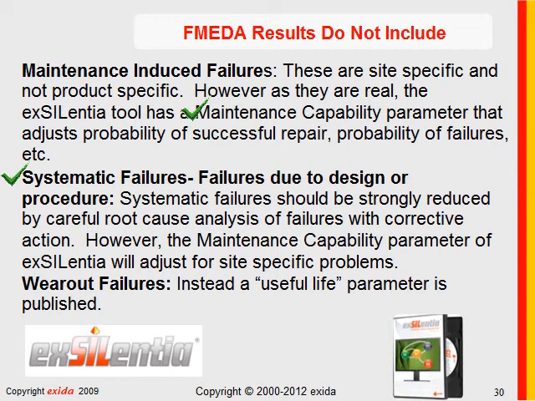But the primary reason for tracking a systematic error is so one can do a root cause analysis, finding out why there was a systematic failure, and take corrective action. That's how a good field failure data collection system can significantly improve productivity of a plant. But these are not product attributes that should be reflected in product failure rates.